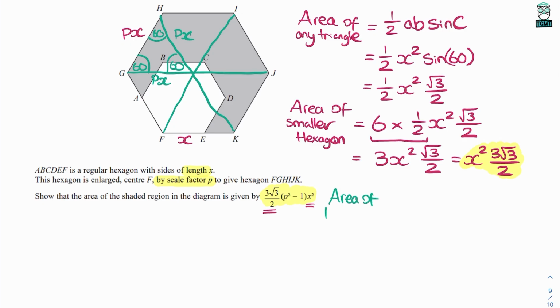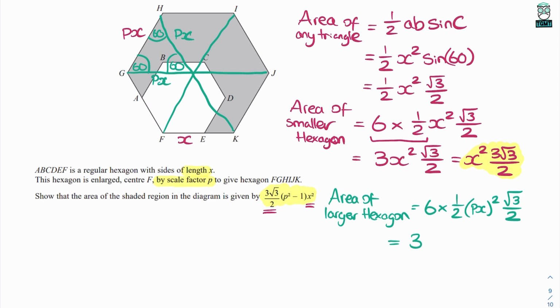So if I work out the area of the larger hexagon, I have pretty much the same formula. We have 6 lots of a half times px squared, I'll have to put that in brackets, px squared, multiplied by the root 3 over 2, which is the sine 60. Okay, so we can do 6 times a half, which is 3.